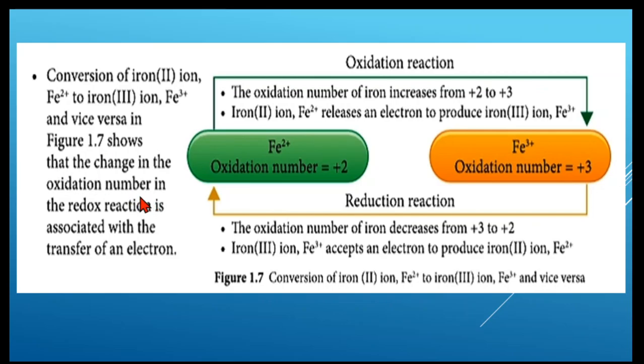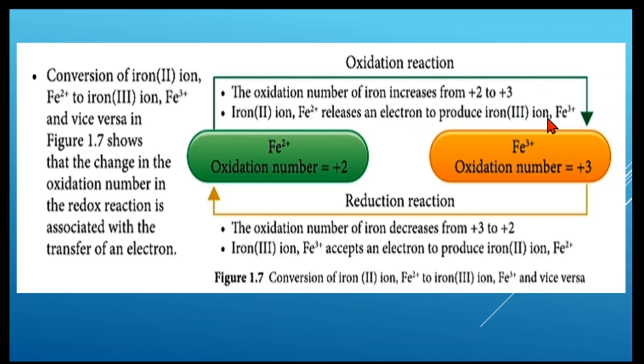Okay, this figure shows that the change in the oxidation number in the redox reaction is associated with the transfer of electron. Okay, so here the oxidation number of iron increases from positive 2 to positive 3. Betul kan? Because the iron 2 Fe2 plus, they release an electron.